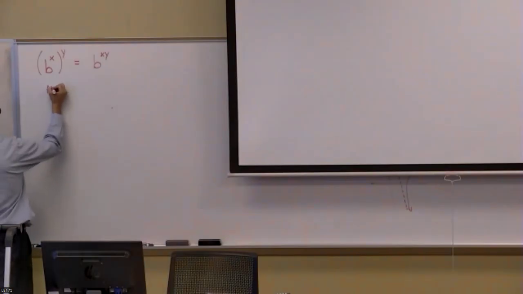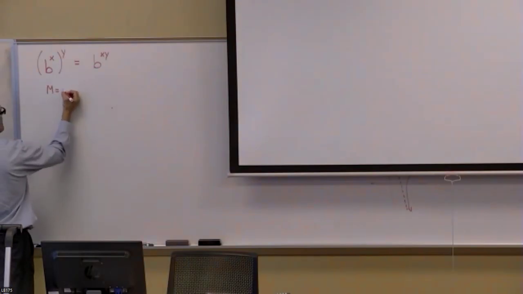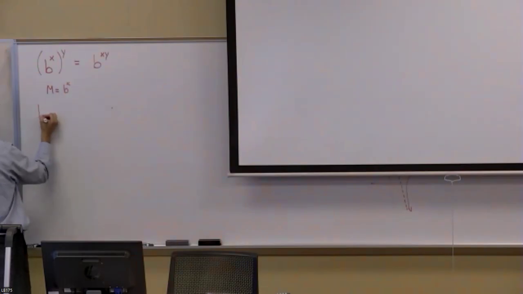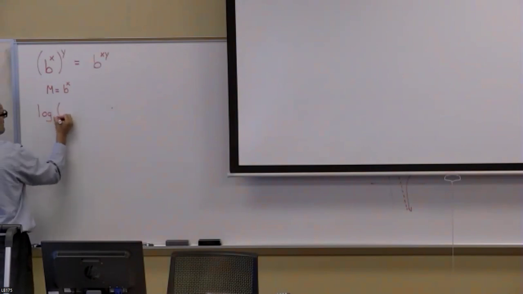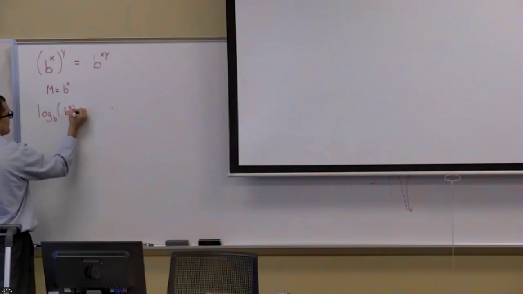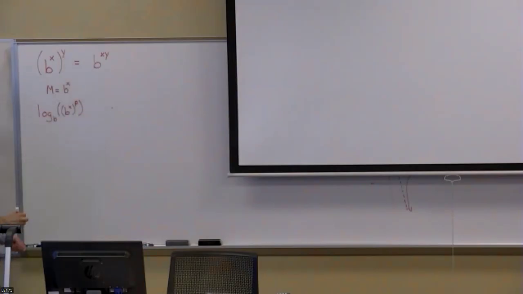If I let m be b to the x power, now take log base b of b to the x raised to, I'll call it the p power instead of the y, because my rule, the way I wrote it on the slide, said p instead of y.